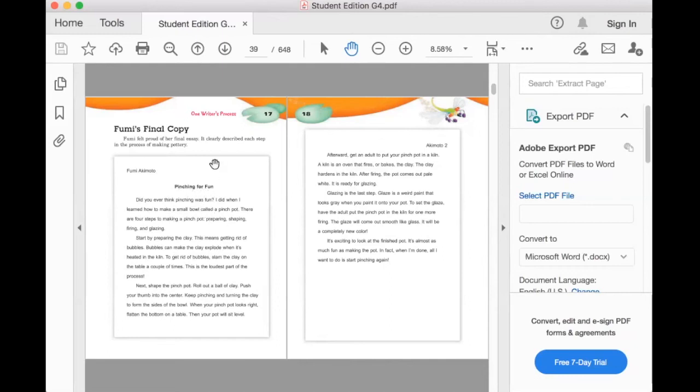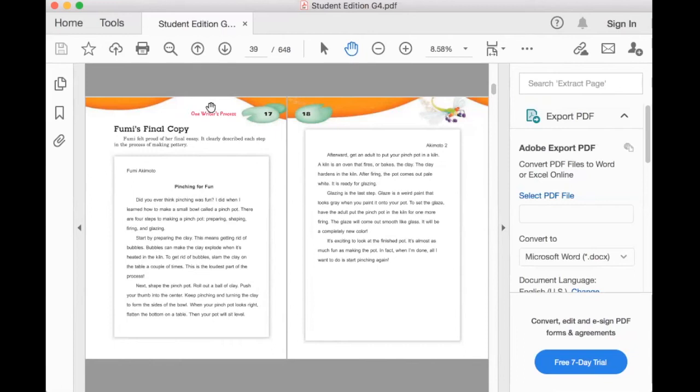Pinching for fun. Did you ever think pinching was fun? I did when I learned how to make a small bowl called a pinch pot. There are 4 steps to making a pinch pot: preparing, shaping, firing, and glazing.